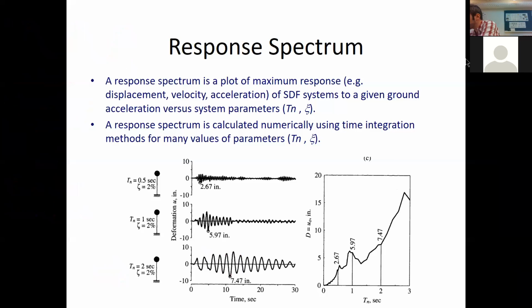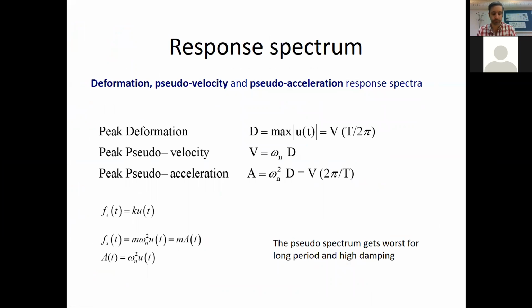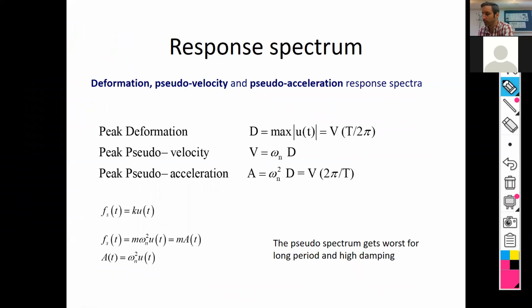So if we go back to this slide, normally we would calculate the peak deformation using this method of simulating every possible structure and putting them all together in a line.